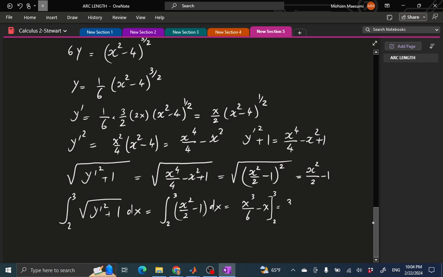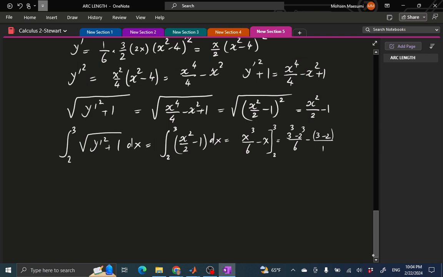So now 3 cubed minus 2 cubed over 6, and then minus 3 minus 2, and the denominator is just 1. So I'll have 27 minus 8, that is 19, over 6 minus 1, and that is 13 over 6.